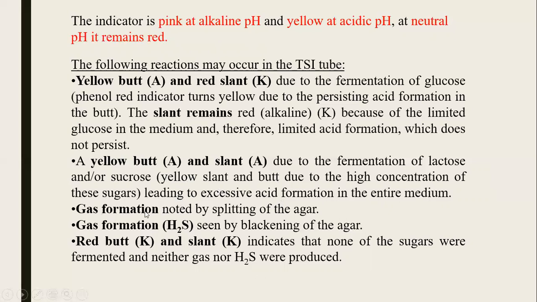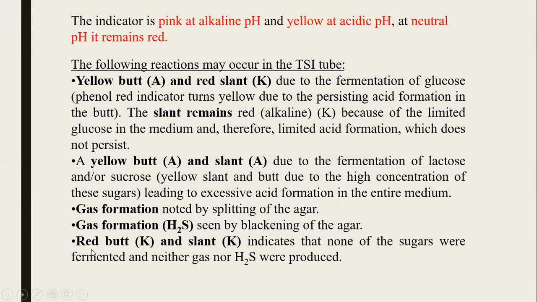Gas formation is noted by splitting of the agar medium. Whether the gas formed is hydrogen sulfide or not is detected by the agar medium turning black. Blackening of agar indicates hydrogen sulfide production.